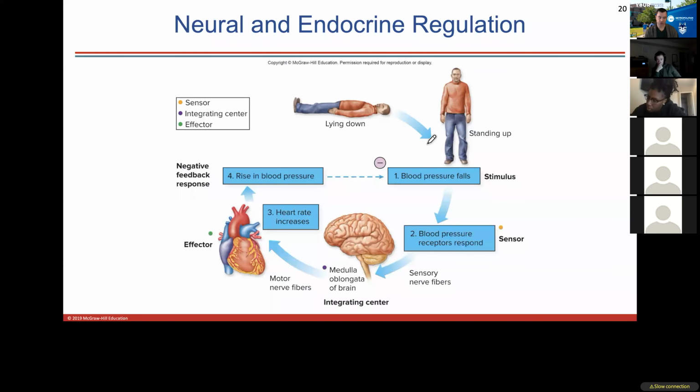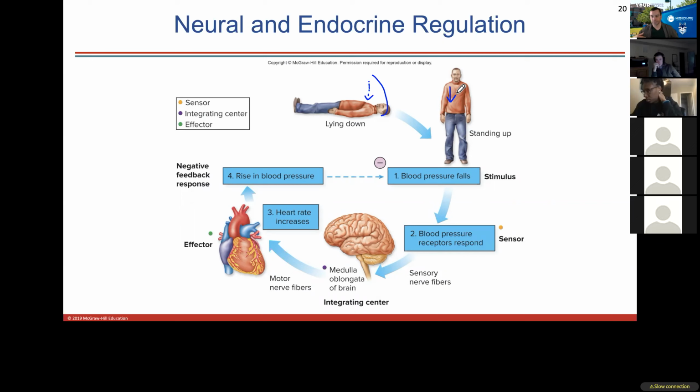Because as soon as you start to move, we have receptors in a number of locations. Every single joint is going to have proprioceptive input, telling the body where it is in space. As soon as we go from lying down to standing, that head's coming up. Gravity's pulling all that stuff down, right? So all that blood's getting pulled down.